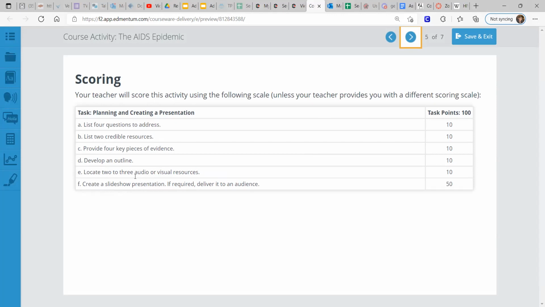And here is the rubric. Make sure to list 4 questions to address, list 2 credible resources, 4 key pieces of evidence, develop some type of outline, locate 2 or 3 audio or visual resources, so videos or podcasts or snippets of information, create a slideshow presentation if required, delivered.